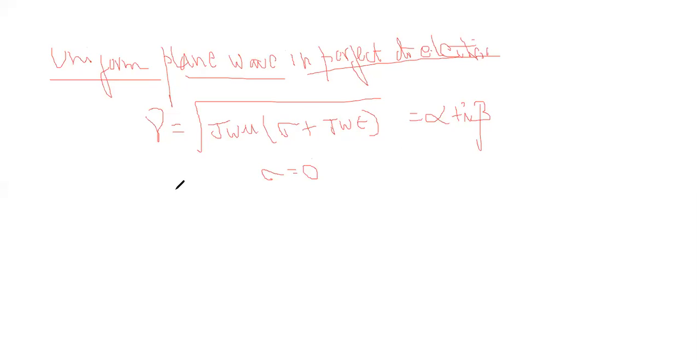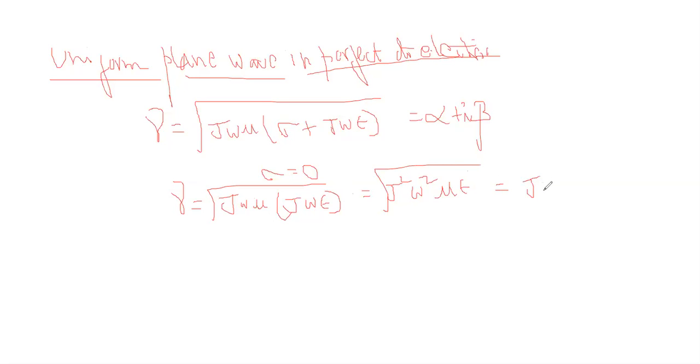Perfect dielectric means gamma is equal to the square root of j omega mu, and sigma is 0 means we have only the j omega epsilon. That becomes the square root of j square omega square mu epsilon, which is equal to j omega under root of mu epsilon.